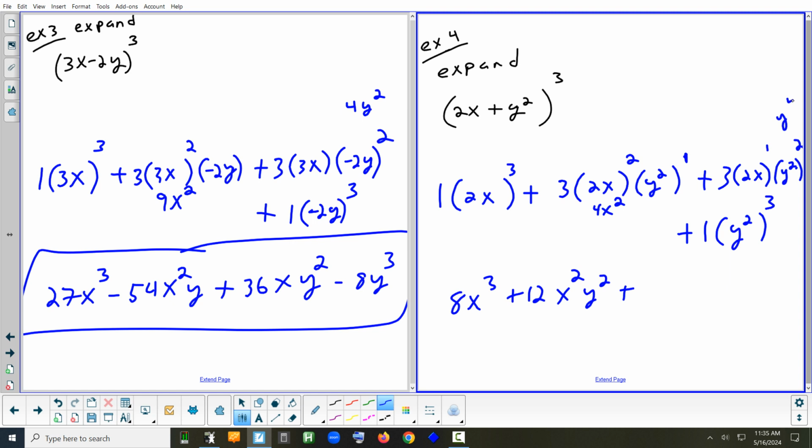That's going to be y to the 4th. What's 3 times 2? So 6. And what's my next letter? X to the first. Y to the 4th. And the last term, y squared cubed. That's going to be 1 y to the 6th times 1.